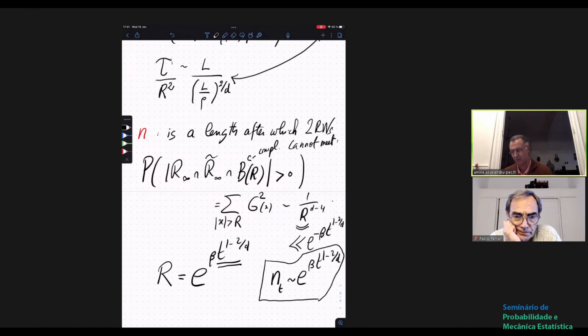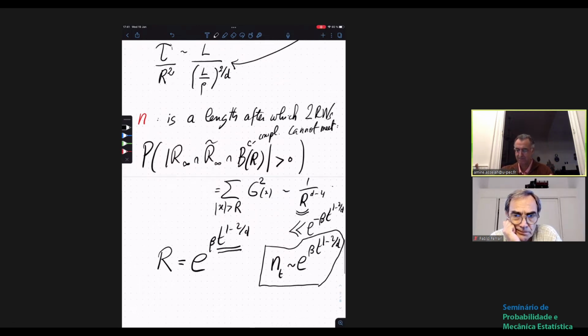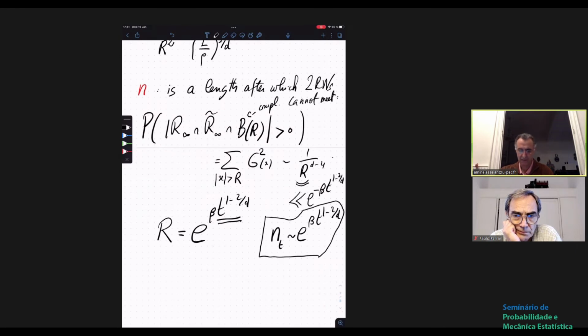So this is a huge volume, so it doesn't reduce the complexity of the infinite volume. I'm just saying that even if I'm doing an infinite time horizon, I can stop the time at a huge ball of exponential to the t to the 1 minus 2 over d.